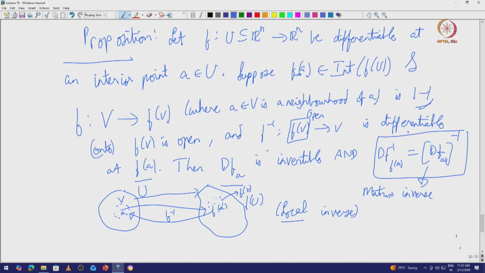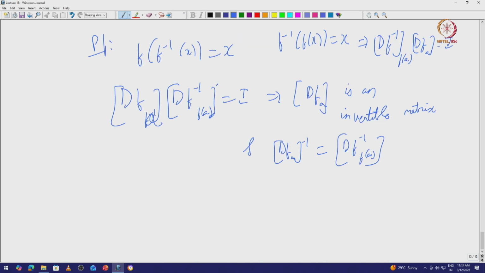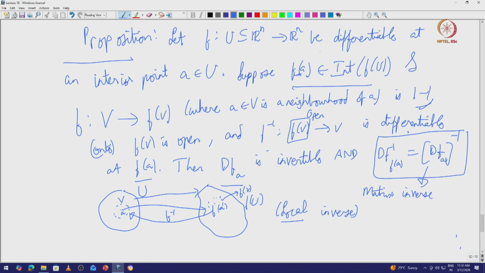But we need a bit more than that. We need the ability to use the chain rule, which means we would want f inverse to be defined on an open set containing the image of f. So that's why we need all these hypotheses, right?